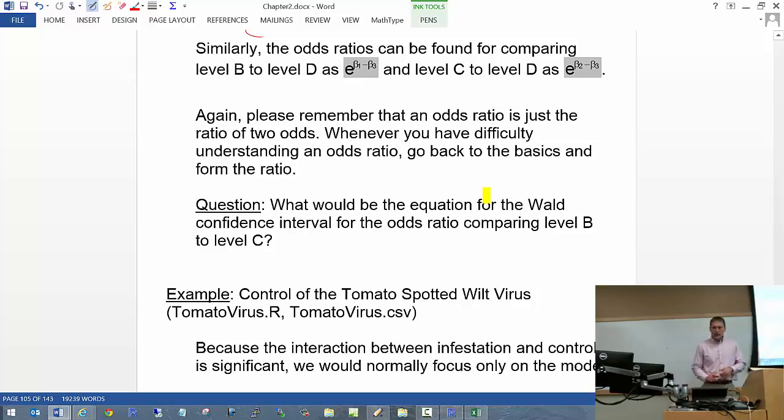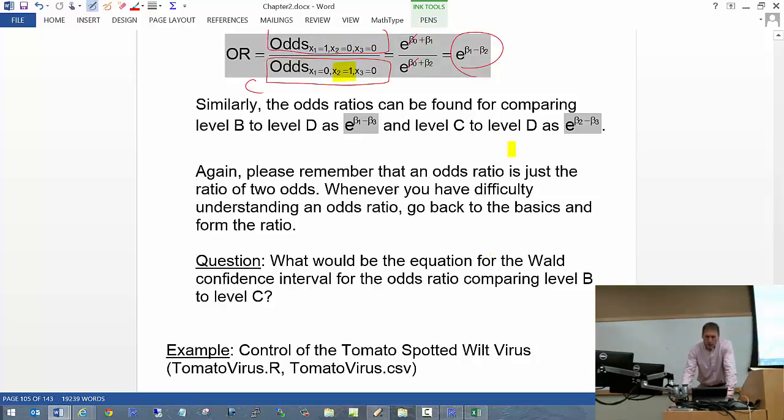Okay. Well, let's say that we wanted a Wald confidence interval for the odds ratio comparing level B to level C. As you might expect, we first find a confidence interval for beta 1 minus beta 2. So how about we just do this immediately? e raised to the beta hat 1 minus beta hat 2.